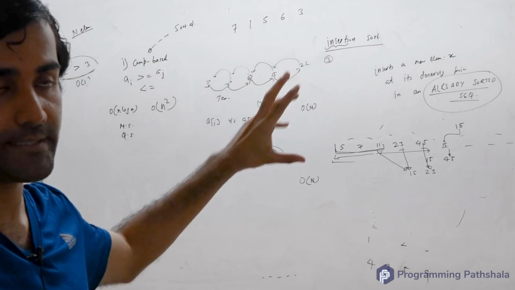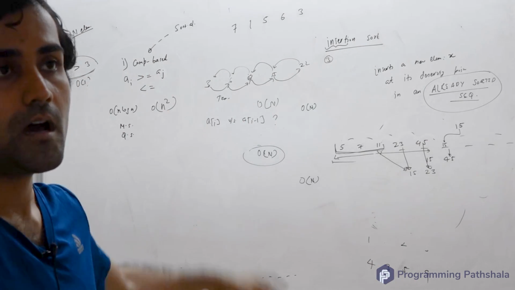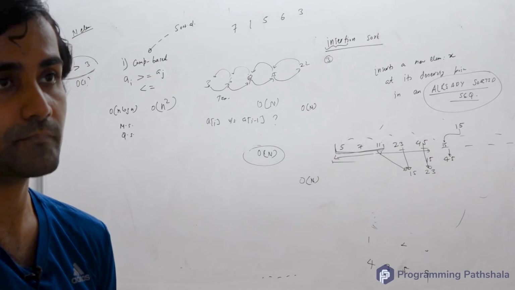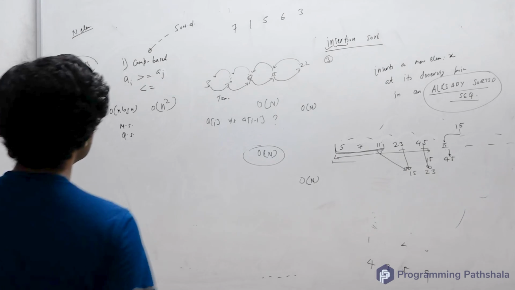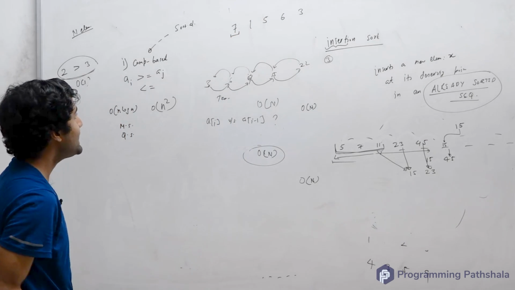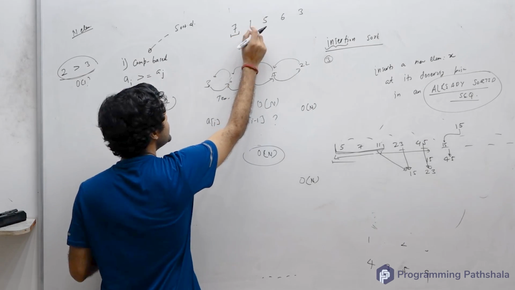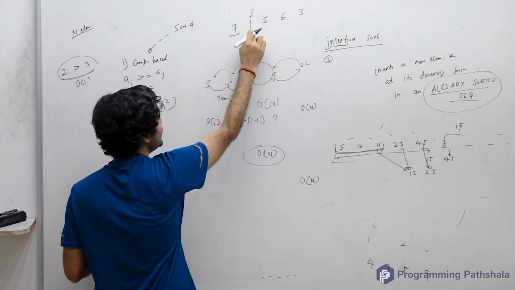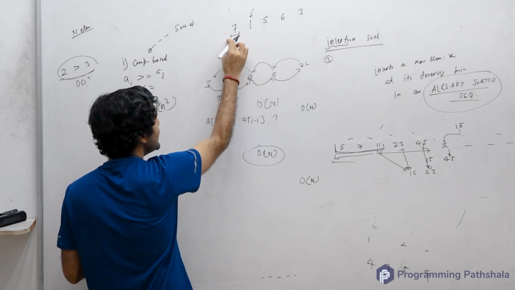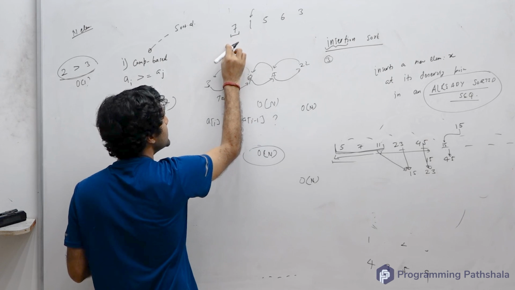Let me not use the word sequence because that is discrete. Can you think of a subarray of this array which is already sorted? Yeah. If I consider just this much of the subarray, then this is already sorted, right? And then I can regard this element as a new element and try to position it in this such that the resultant looks sorted. So that I can do.